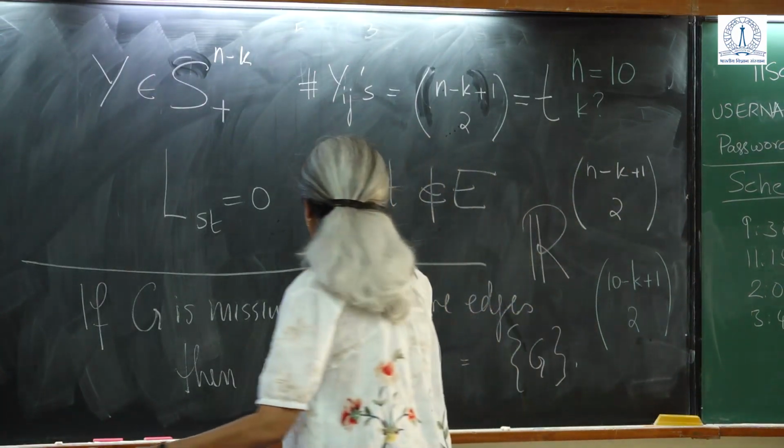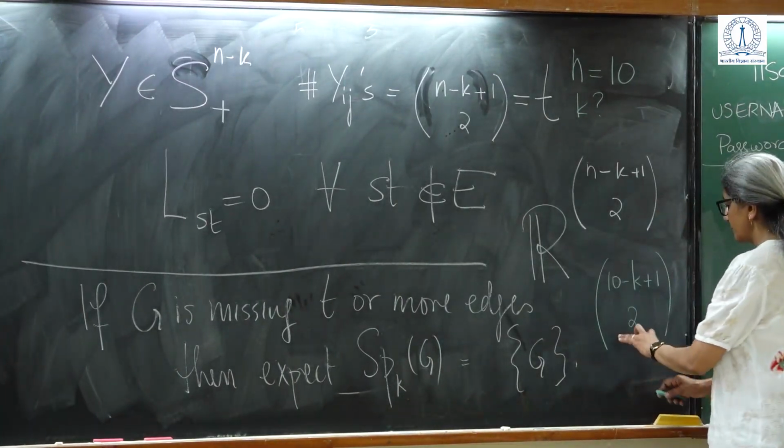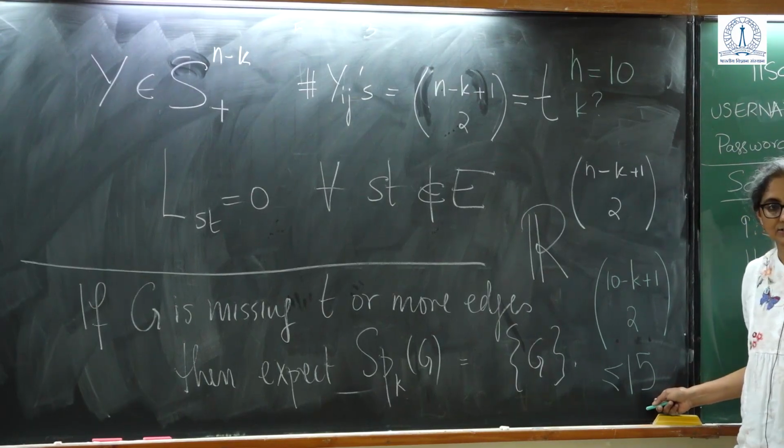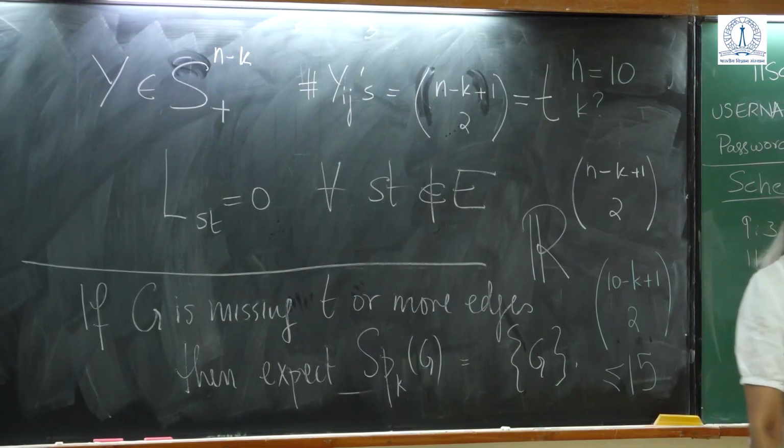We exactly have 30 edges, so exactly 15 are missing. So you want this number, (10 minus k plus 1) choose 2, to be less than or equal to 15. These are the missing edges. And then you have to calculate what k comes out of this.